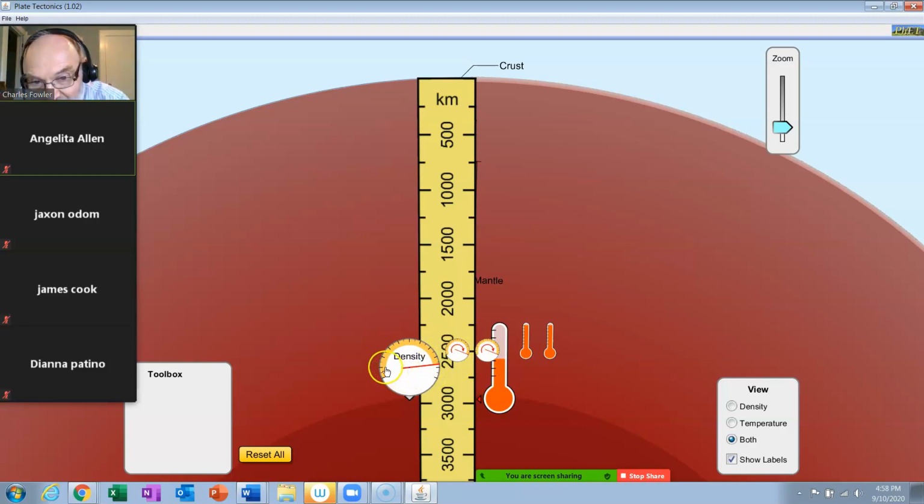So that's 1, 2, 3, 4, 5, 6, 7, 8. 28.7? Wow, what a jump. 28.7. Huge density increase. And that's a liquid, okay? It was solid, now it's liquid. That's a big change.